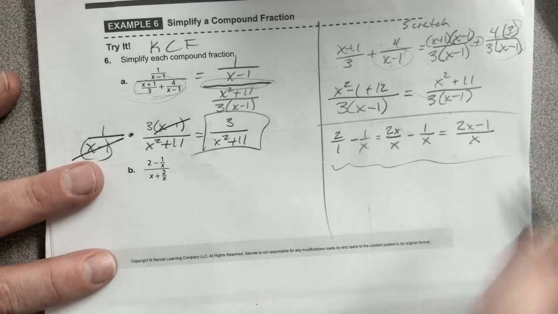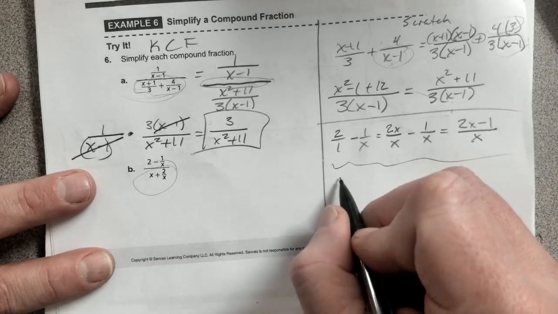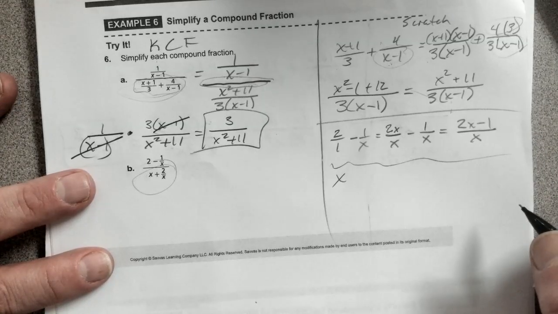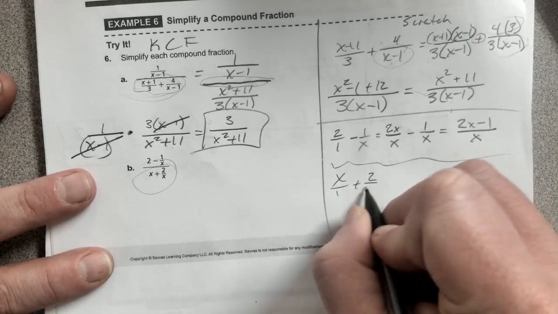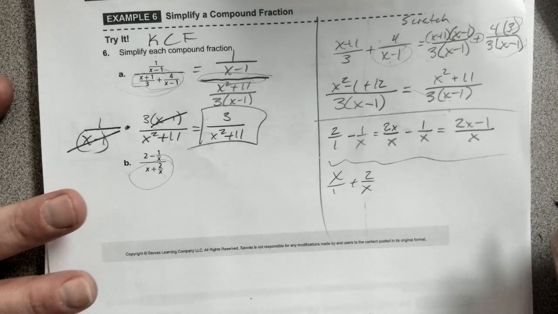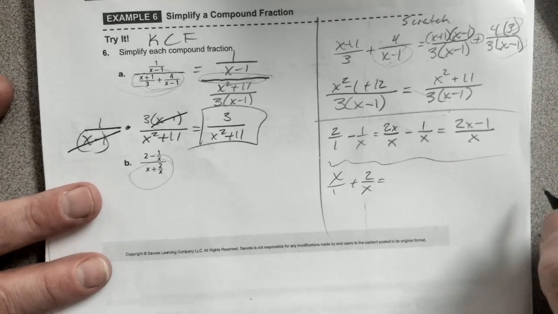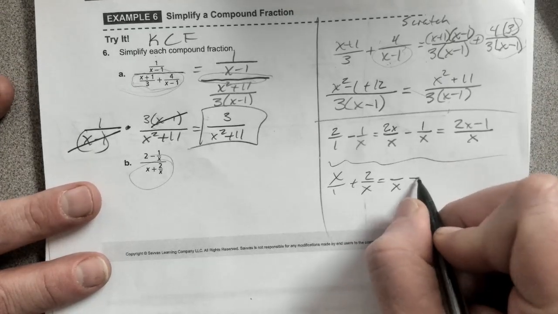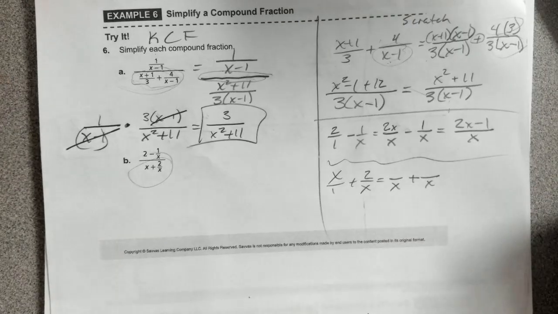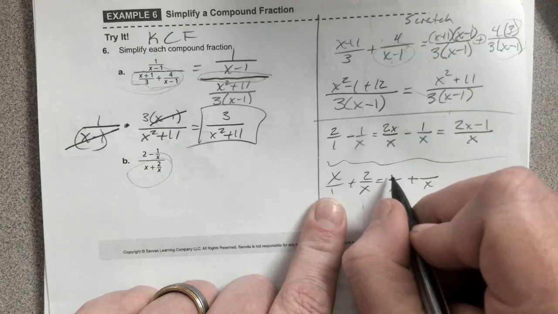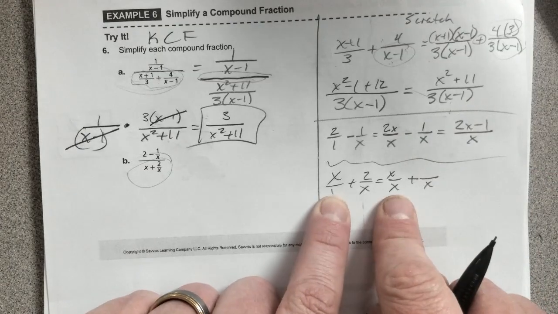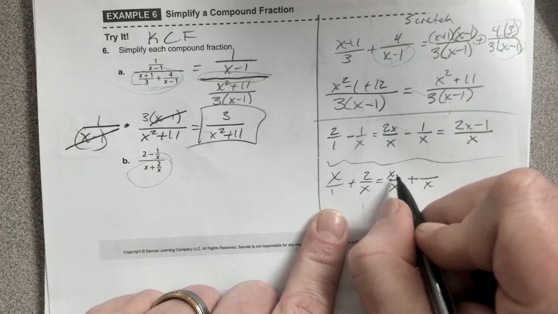Now, we got to clean up the denominator. How do I turn x into a fraction? X over 1, good. Plus 2 over x. What's our common denominator going to be? Just an x. So, my original numerator for the first fraction was x. What factor did we gain? A 2. We gained an x.